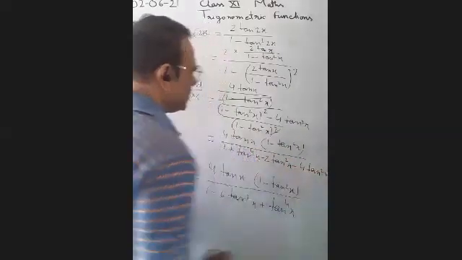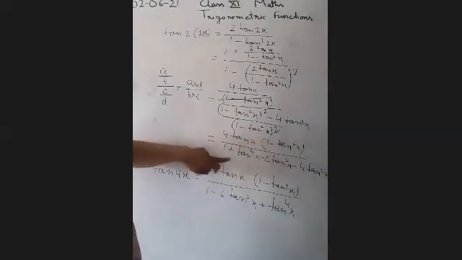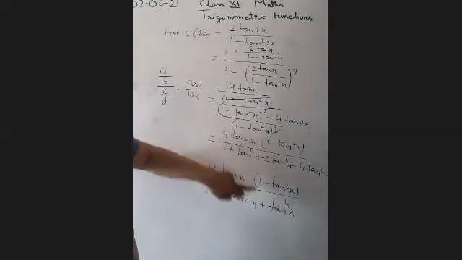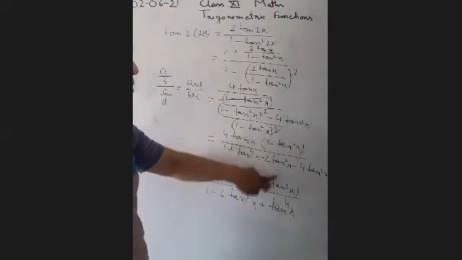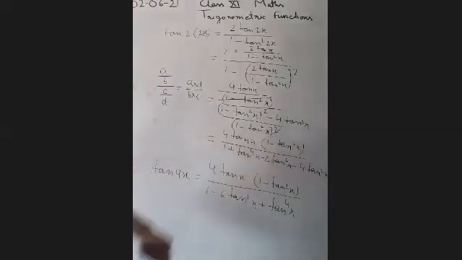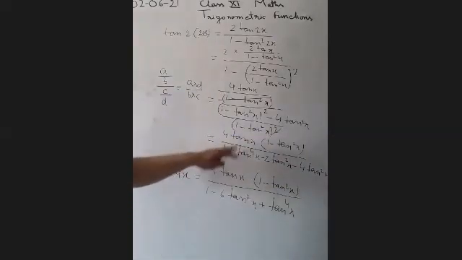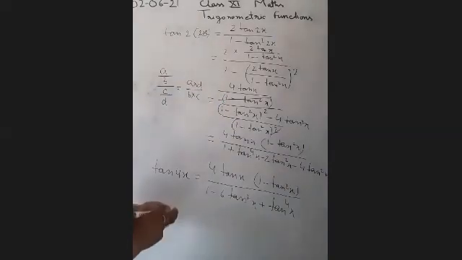So you are seeing that we got 4 tan x, we got 1 minus tan square, we got 1 plus tan 4x, so 1 plus tan 4x is also there, minus 2 tan square x minus 4 tan square x, which is equal to 6 tan square x minus 6 tan square x. So we got the right hand side now.